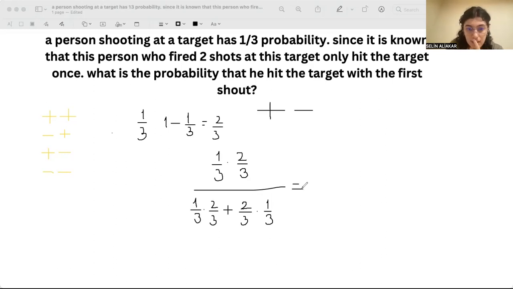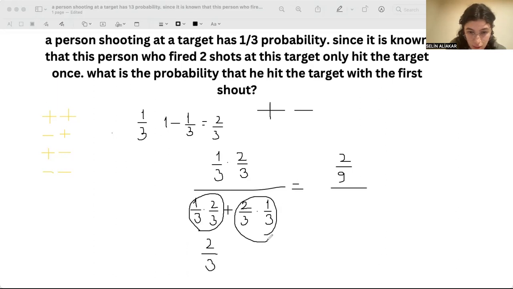Let's find the values. 1/3 multiplied by 2/3 is 2/9, and the other one is also 2/9.